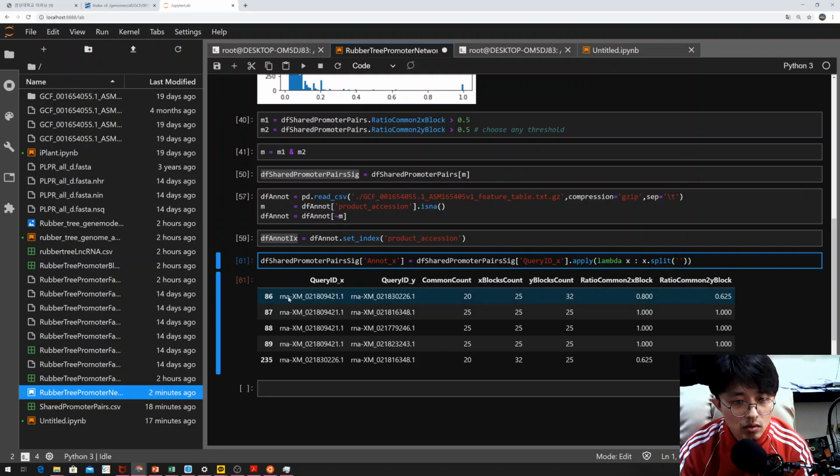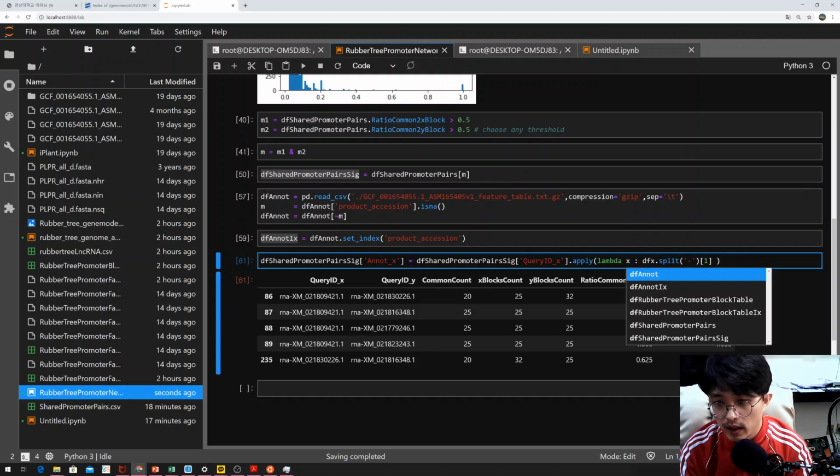So I don't want to use this RNA something, and I will split it and I will select the second one. Second one means 1, right? First one is 0. And I will use this information to retrieve annotation.